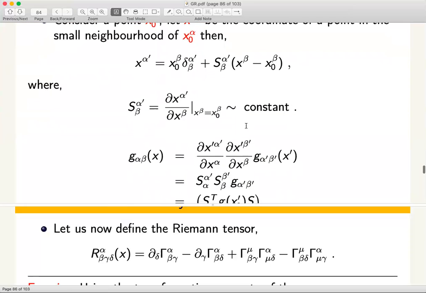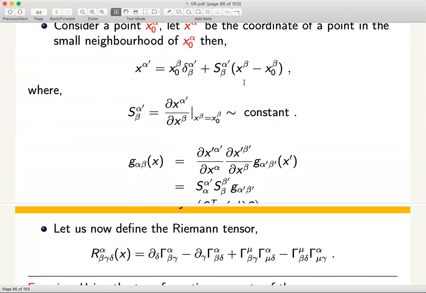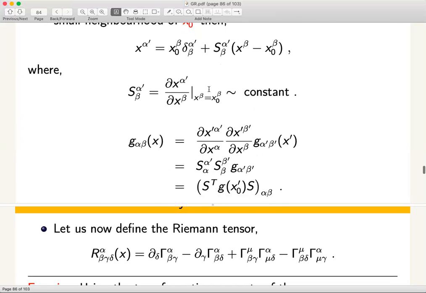Now remember, you should actually be writing x beta prime here, but x beta prime is to be determined at the x0 point when you take a derivative, and therefore you just write x beta here. So you can write this as a derivative defined at that point, which is of course a constant quantity because it is defined precisely at one point.